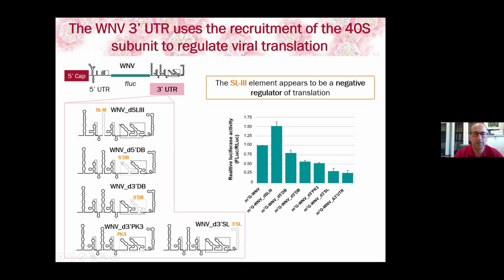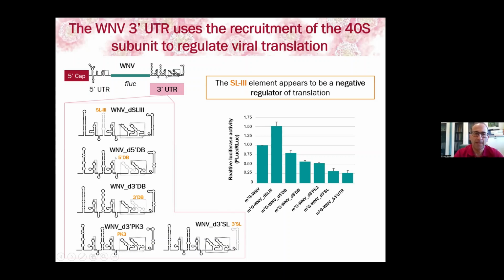We deleted the 5' DB, the 3' DB, and the pseudoknot, and as you can see here, these three constructs result in a reduction of translation. This is the control, and similarly to the complete deletion of the 3' UTR.